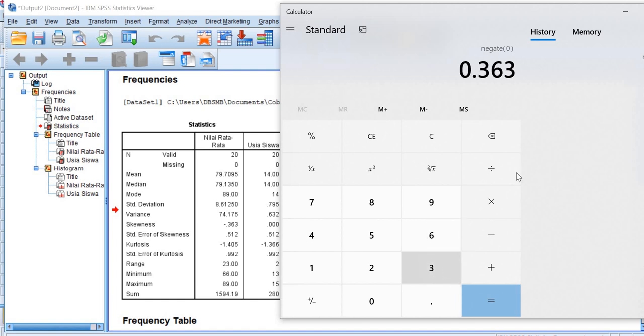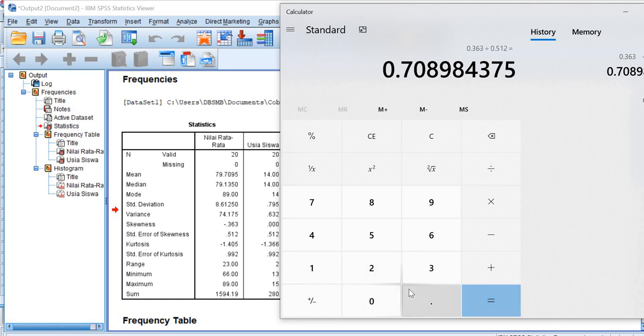0.363 divided by 0.512, so it's like 0.7 something, which is less than 2, so it means that the data is still distributed normally for nilai rata-rata.